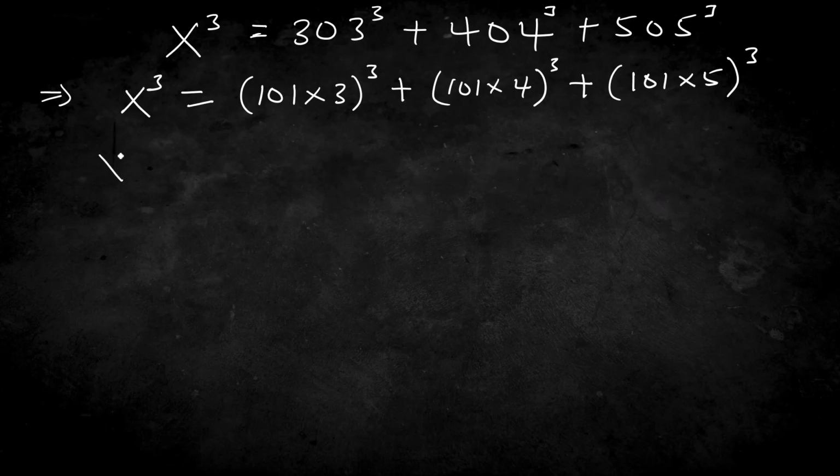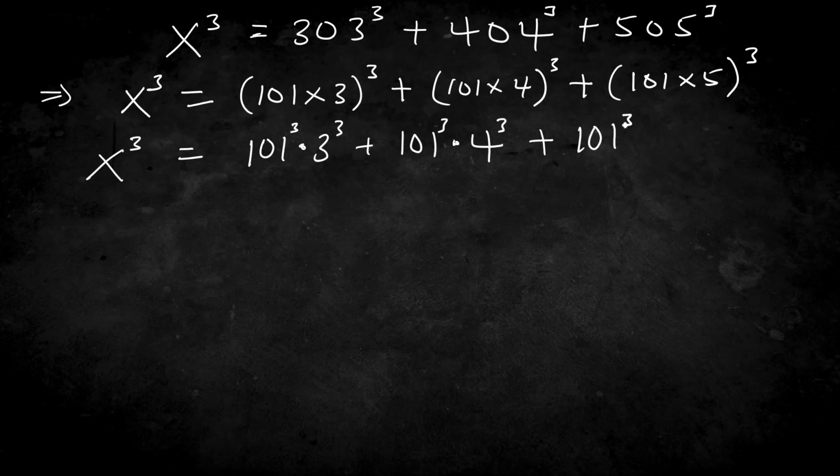We have x cubed, so this side will be 101 cube times 3 cube, plus 101 cube times 4 cube, plus 101 cube multiplied by 5 cube.